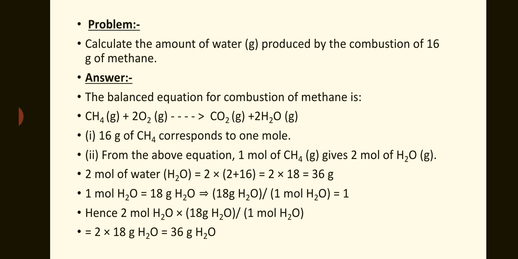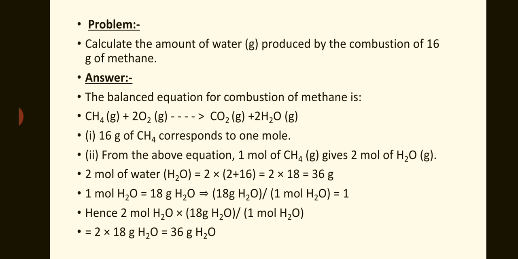So the molecular mass of water is 18. How is it 18? Hydrogen atoms are 2 and the atomic mass of hydrogen is 1, multiplied by 2, plus the atomic mass of the oxygen atom is 16. You can see the periodic table also. So you will get 18, but 2 moles of water are formed, so you have to multiply 2 into 18.